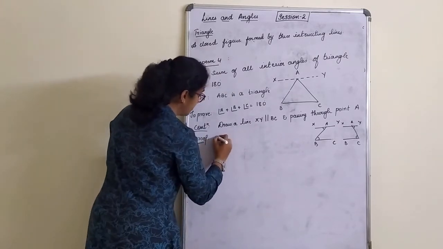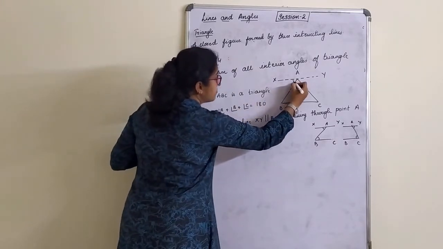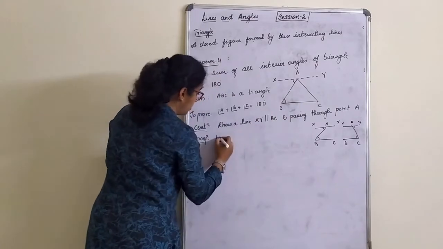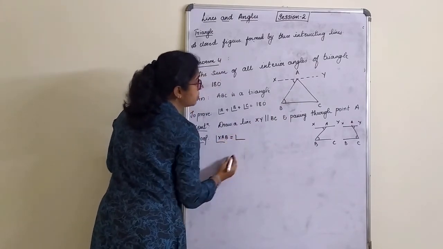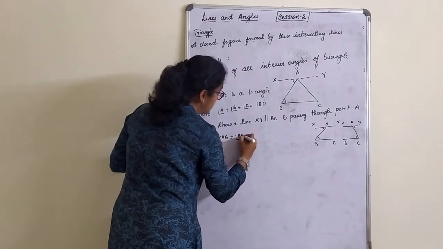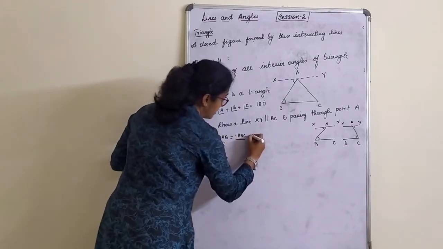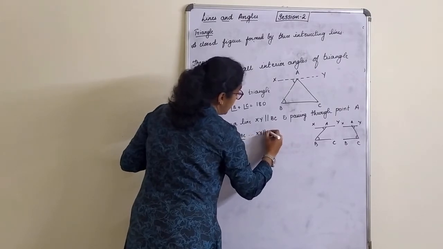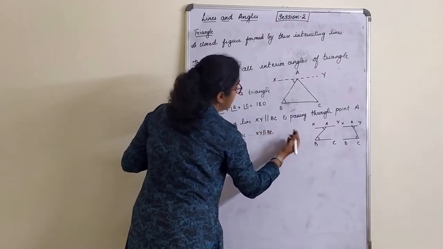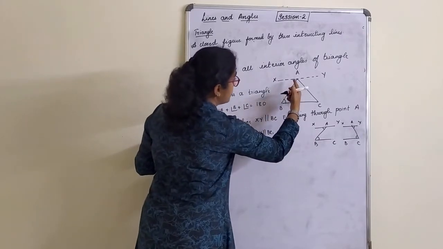So I will write here angle, I'll just mark. XAB is equal to angle ABC, and as the reason I will write XY parallel to BC, and what is the transversal here?